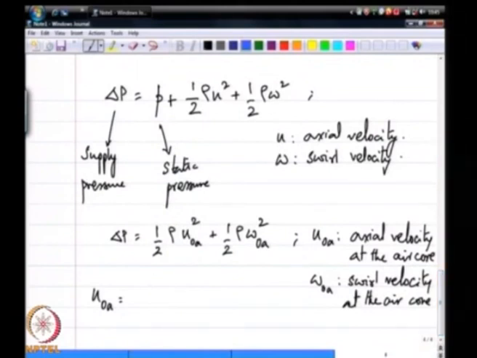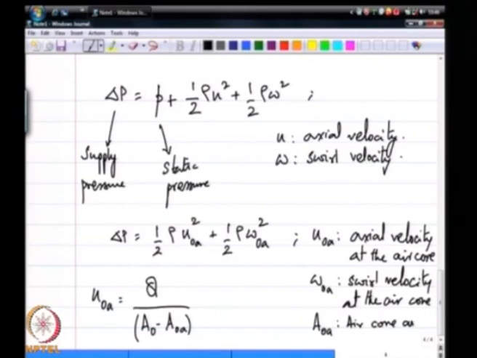U 0 a would then have to be q divided by A 0 minus A 0 a. Okay, A 0 a is the area of cross section of the air core. A 0 is of course pi r 0 squared.